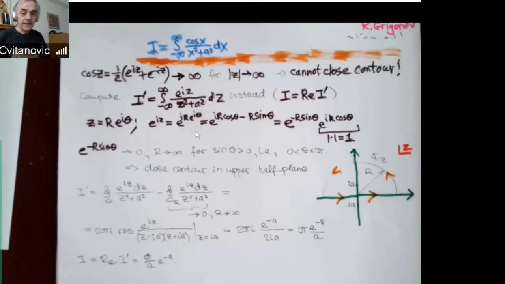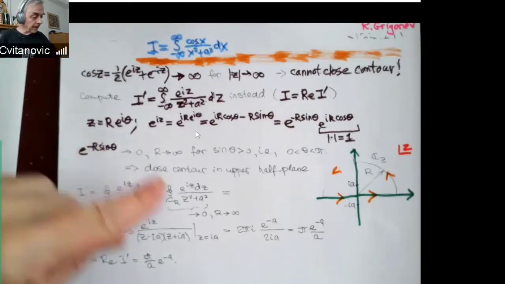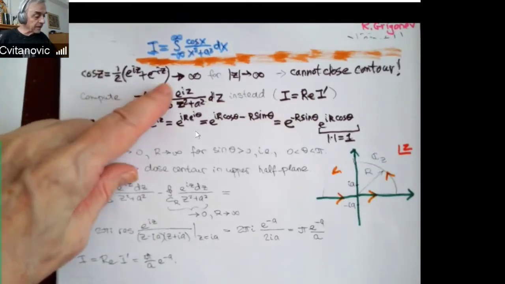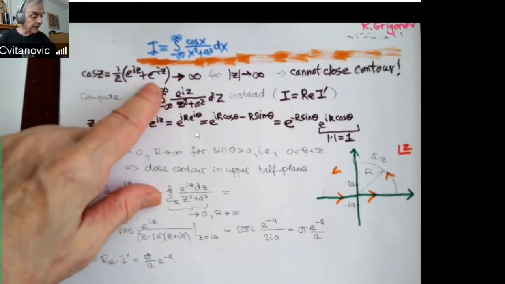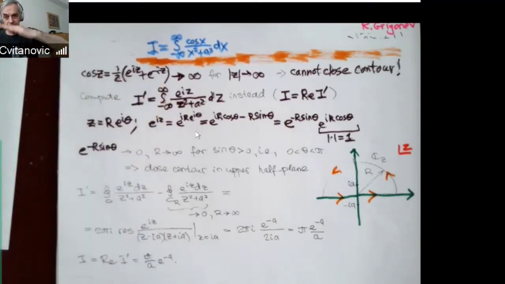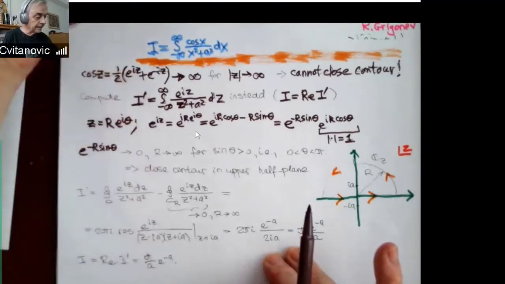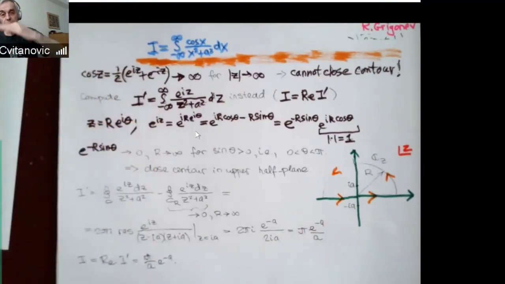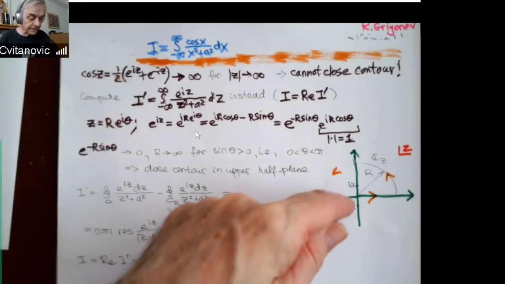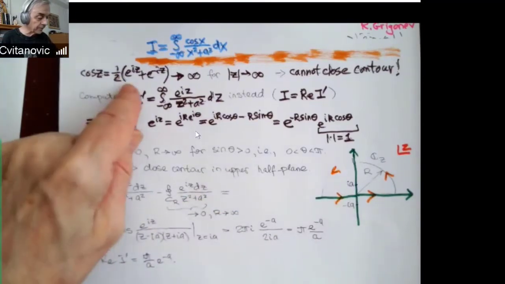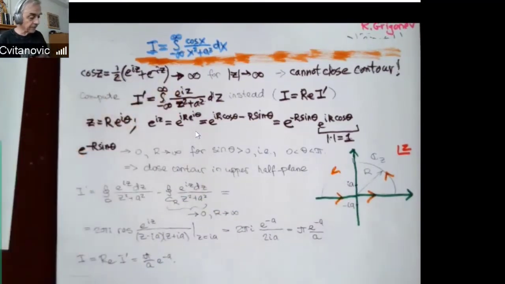So you're right. The moment I go a little bit off, I put an imaginary part to this z. So I go a little bit off the real line. If I go up, I put a positive imaginary quantity, then the one that's in the lower plane explodes of these two as the magnitude of z increases.